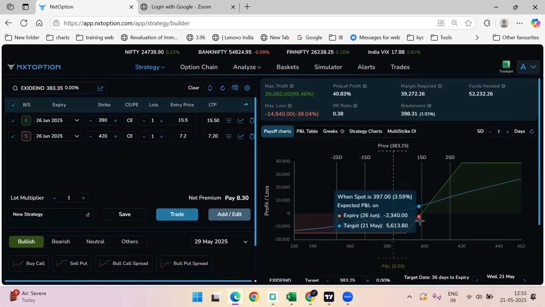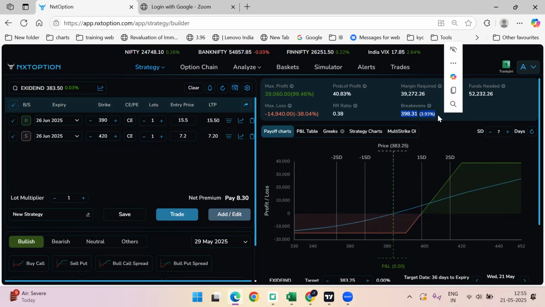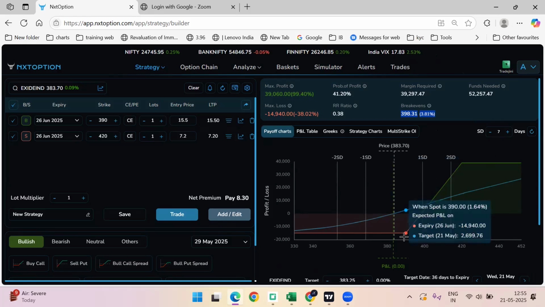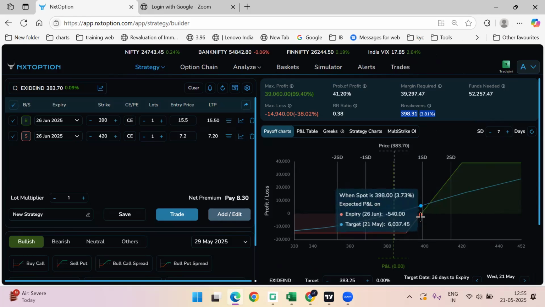The range for me is the stock has to break 398 because I am paying 8 rupees here. 15 I paid on the 390 call and I collected 7 on the 420 call. I would be having a net outflow of premium of 8 rupees. So 390 plus 8, 398 will be my break even point.